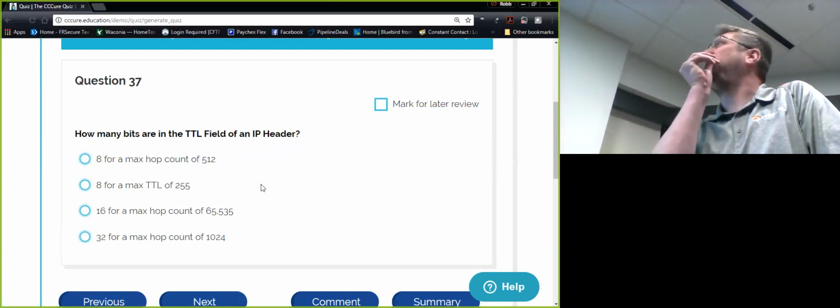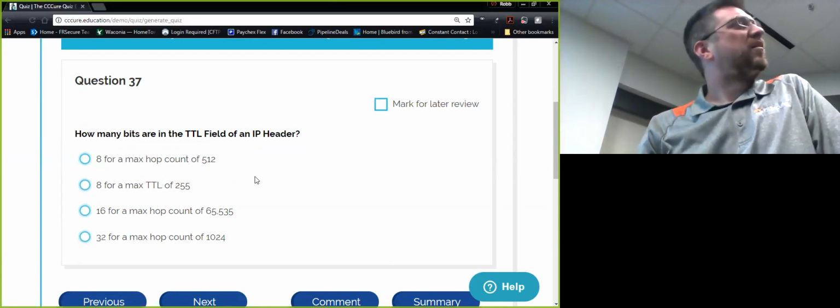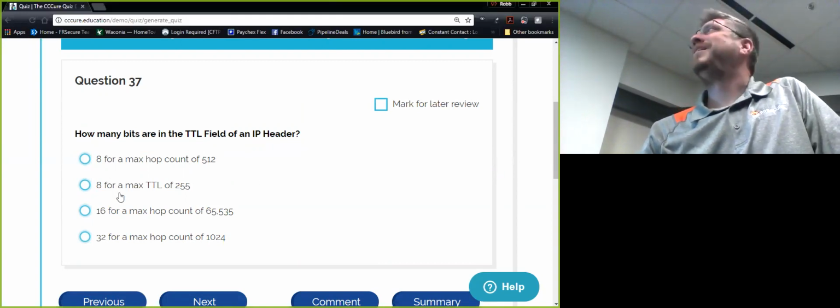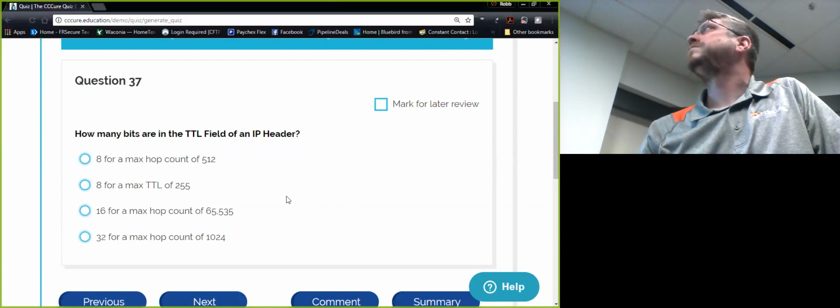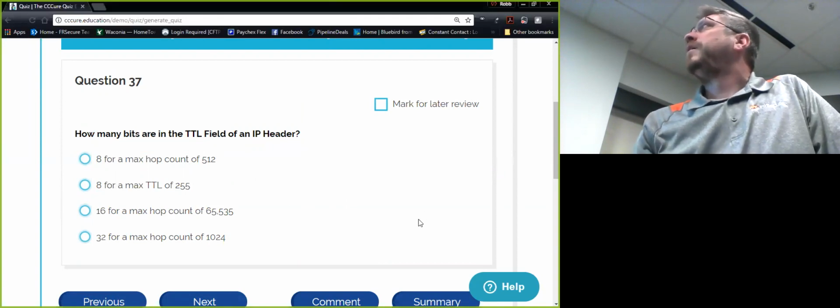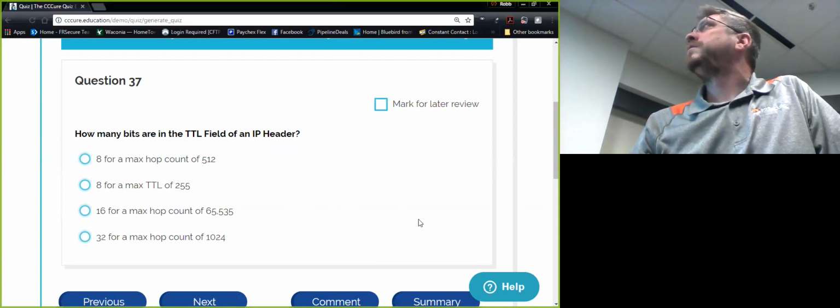Well, even if you don't remember how many bytes or bits were in the header, you can do the math. So 2 to the 8 is not 512, it's 256. And then you would subtract 1. So you know that that one's not right. Because if it was 8 bits, it would be a total of 255, not 512 combinations.